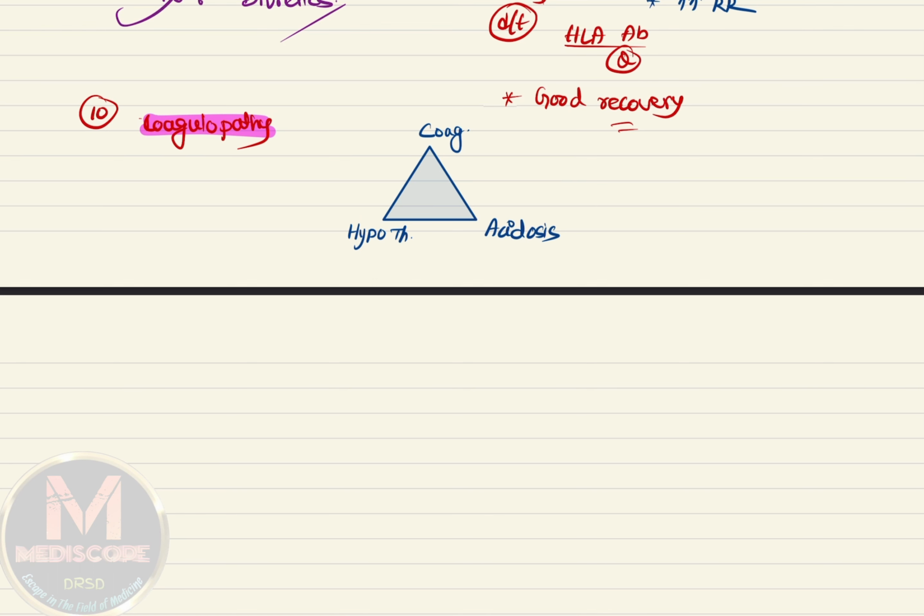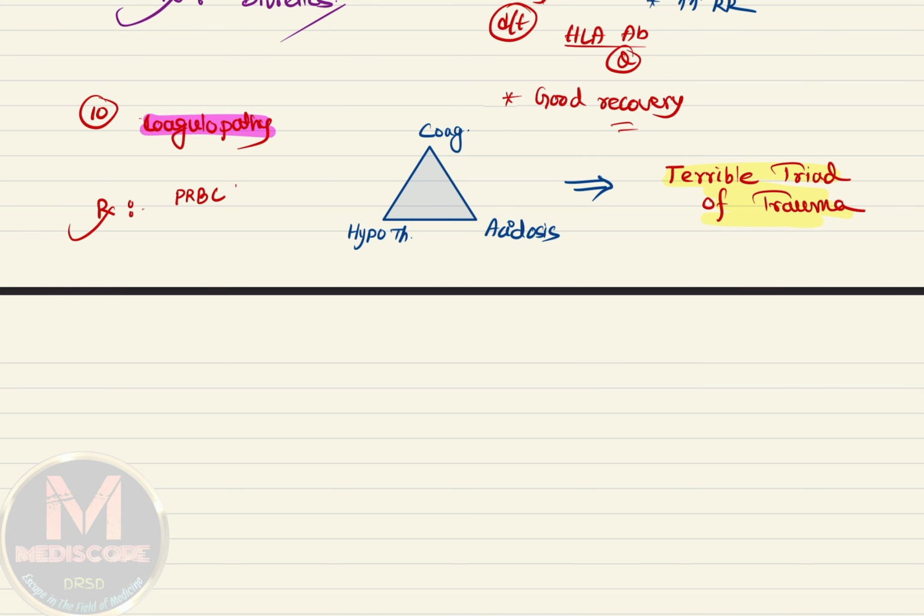These three are your terrible triad of trauma. If these three are present in a case of trauma, it is very difficult for the patient to survive even after proper resuscitation.